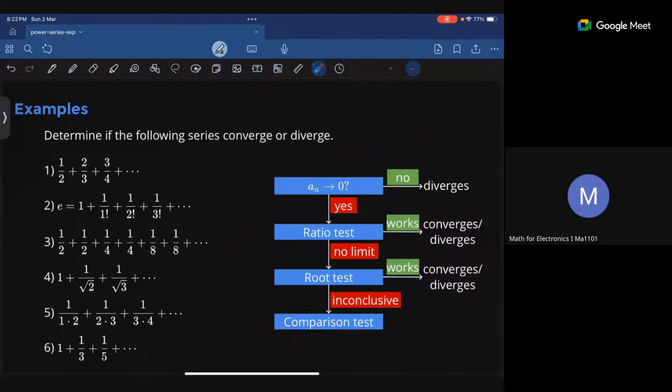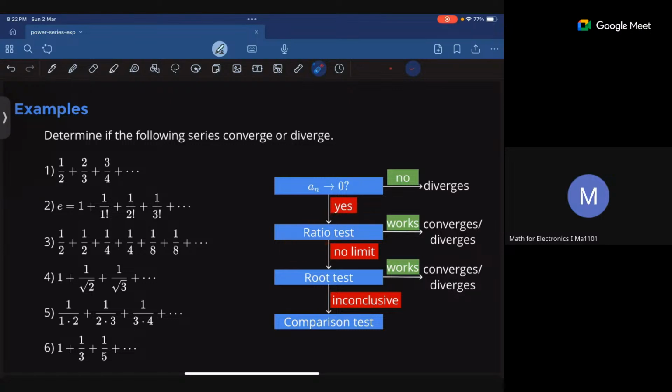The first and foremost thing you should check is whether the sequence limit is going to 0 or not. If the sequence itself is not tending to 0, then you can imply that your series will diverge. Done. Suppose it is tending to 0, then the first test you have to use is the ratio test.